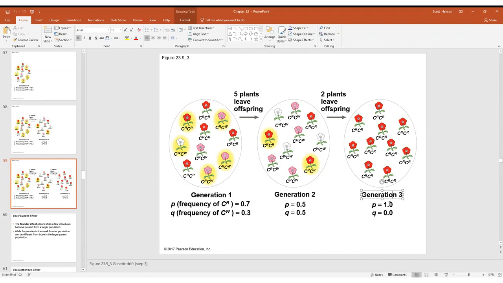So basically, a proportion of 1, or 100%, have the red allele and none have the white allele.